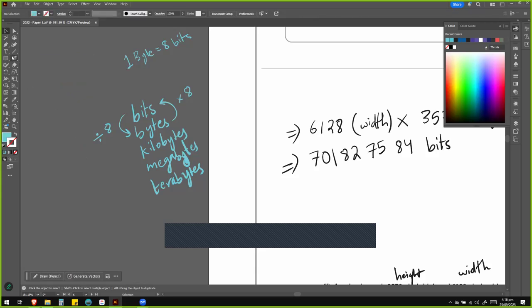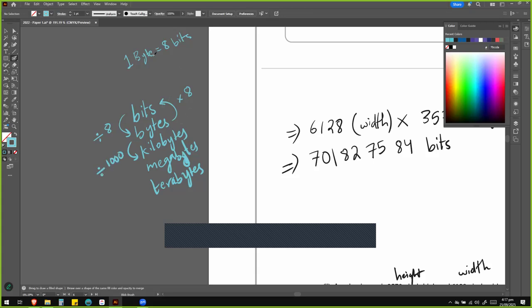Okay, so that was just a little bit of a recap on that. Now, when you want to go from bytes to kilobytes, you have to remember this little thingy here. And the only other thing you need to remember is, if you go from bytes to kilobytes, you're going to have to divide by 1,000.